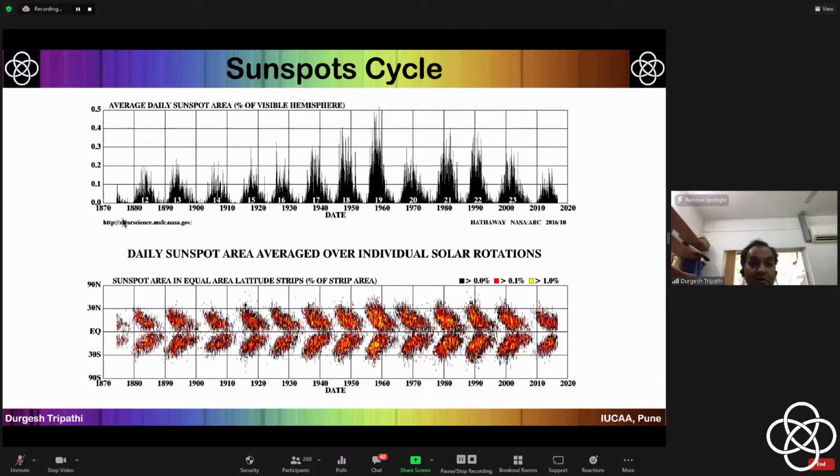So what this plot tells you is that there is a time when there is no sunspot, and then slowly the number of sunspots starts to increase, gets to a maximum, and then decreases. Then there is no sunspot again, it goes to a maximum, then it decreases. And that happens roughly within a period of 10 to 11 years, right? It's not, of course, exactly 11 years on a regular cycle, but roughly it's about 10 to 11 years.